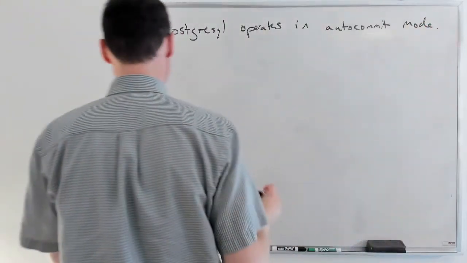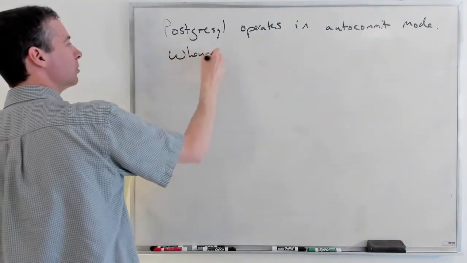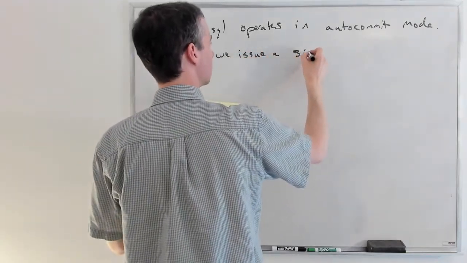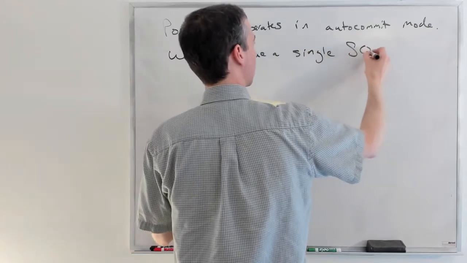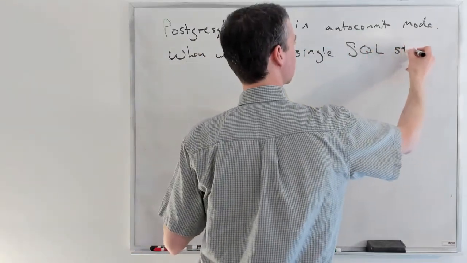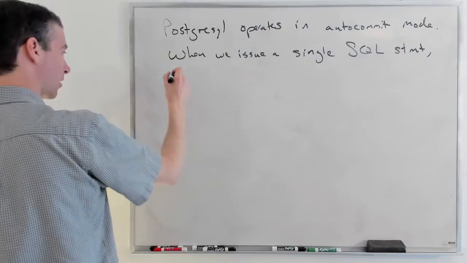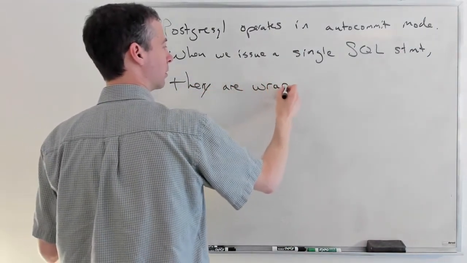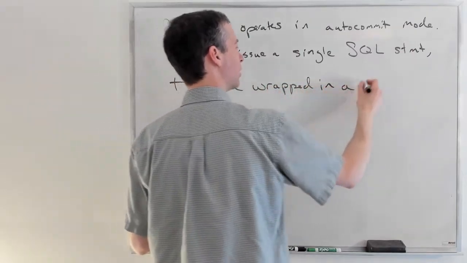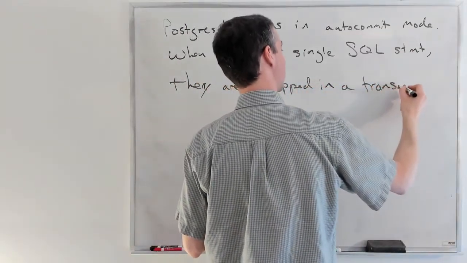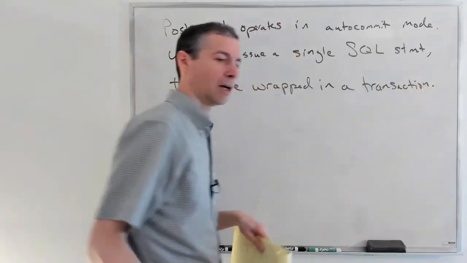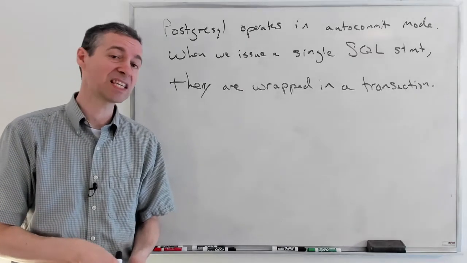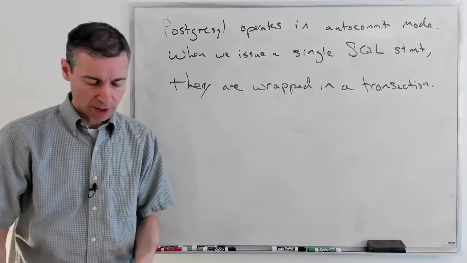And basically the idea is that when we issue a single SQL statement, they are wrapped in a transaction and then committed. Okay. There are other databases out there, such as Oracle, which by default do not do this.